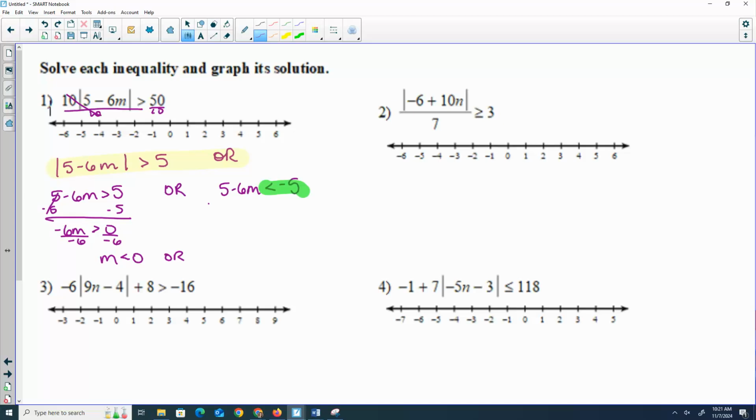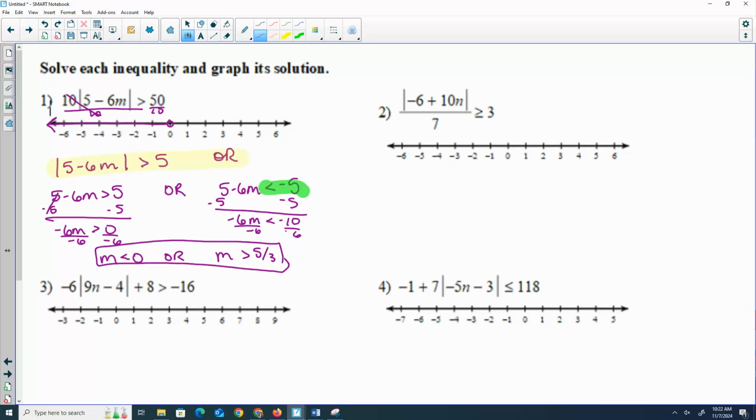Or, subtract my 5, so -6m is less than -10. Divide by -6, so it flips. -10 over -6 reduces to 5/3. Or you could say 1.6 repeating. So I get here, less than 0, open circle at 0, going to the left.